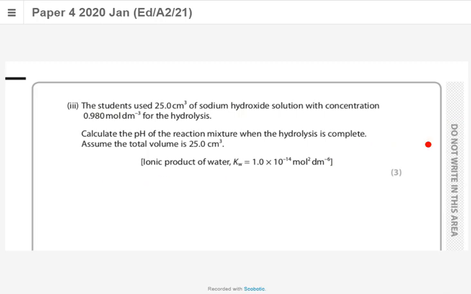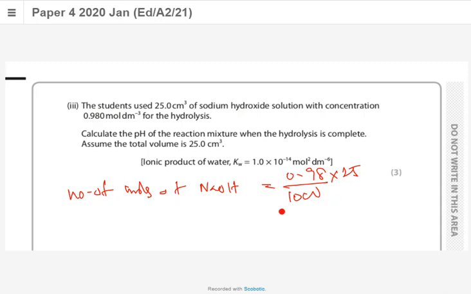Okay, so let's find the number of moles of sodium hydroxide. 1000 contains 0.98, 25 contains how much? Right? This is 0.0245 moles. Correct?